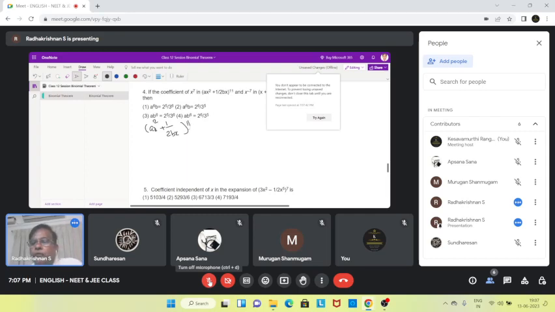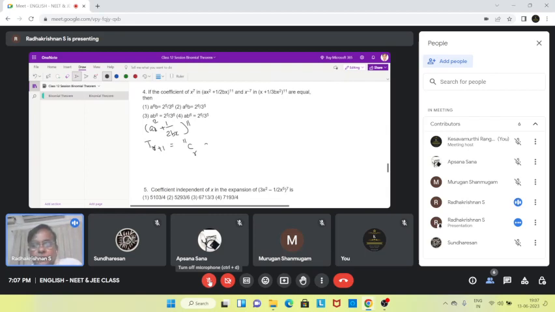Okay. So for this, what is your T r plus 1? Equal to nCr. I'm writing the values straight away.